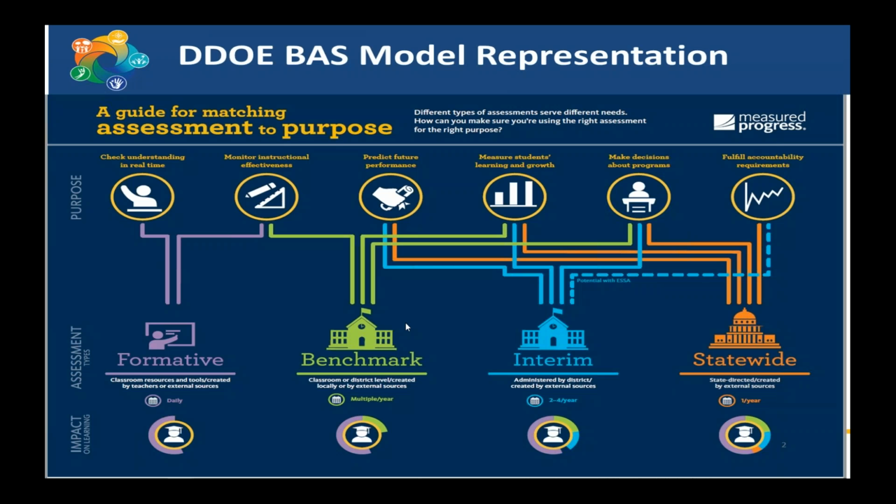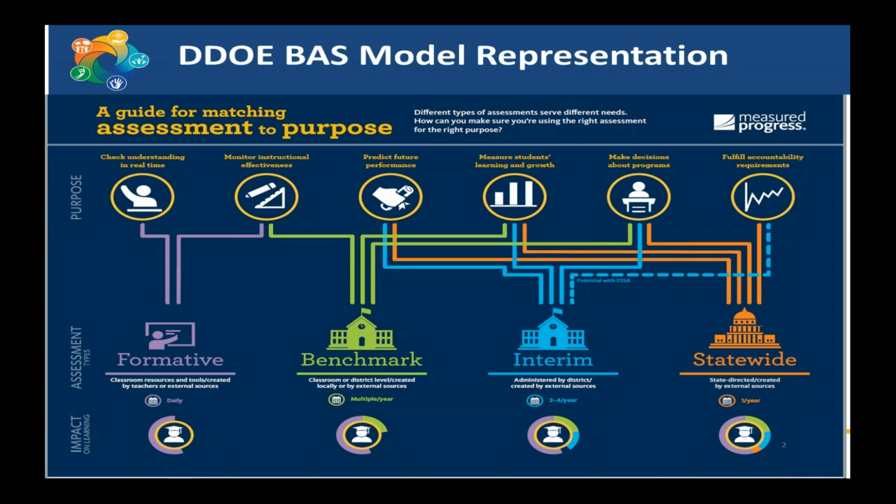So as we begin, we want to talk a little bit about the DTOE Balanced Assessment System Model Representation Diagram. As you know, this webinar is the second in a series of three webinars for Balanced Assessment System. We hopefully will find it valuable to include this graphic which shows the Balanced Assessment System model for the state of Delaware.